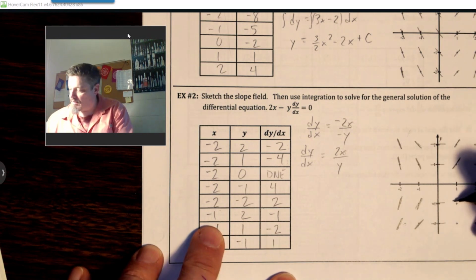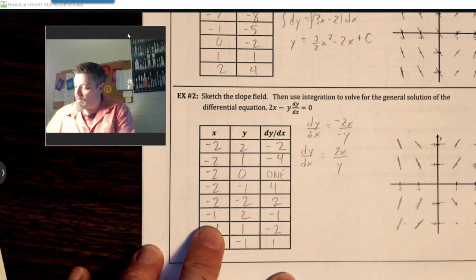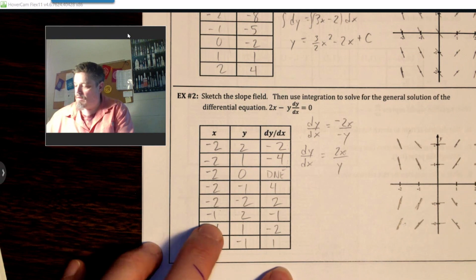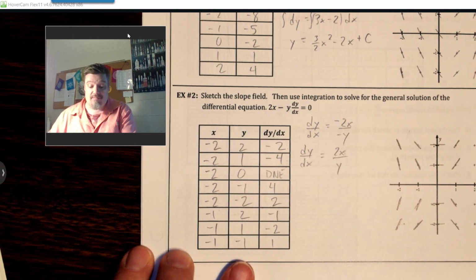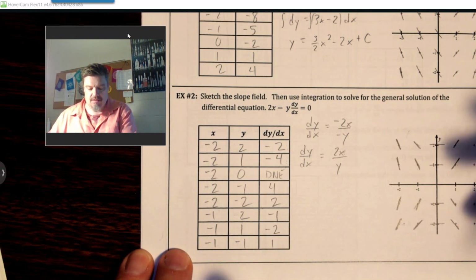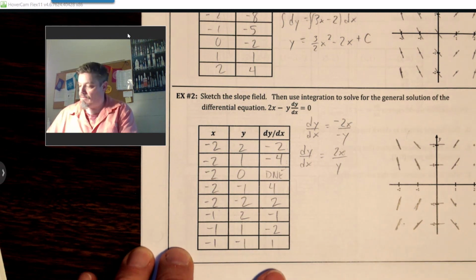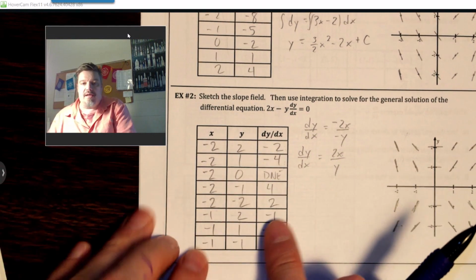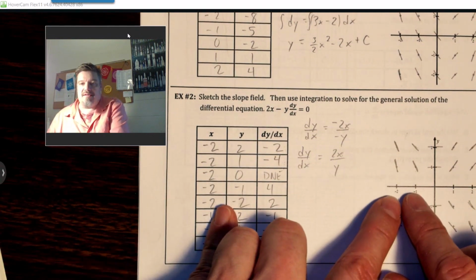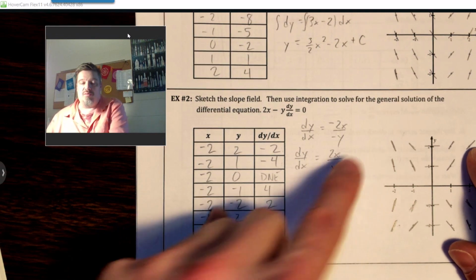I'm just mirroring these. Again, these are just sketches. When we switch our x's to positive, these slopes completely switch.